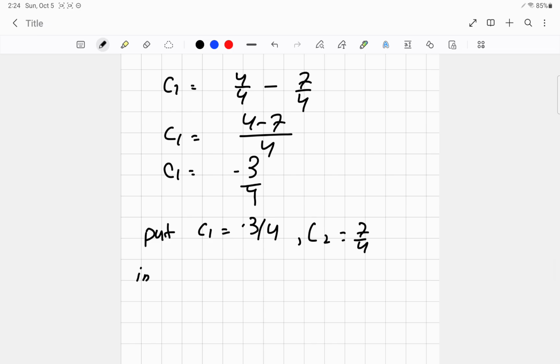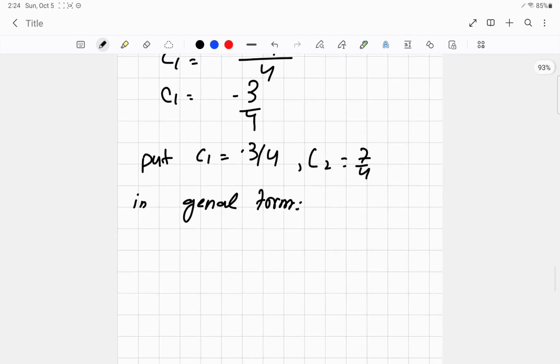In general form, the general form was y of x equals c1 e power negative x by 2 plus c2 e power positive 3 by 2x.